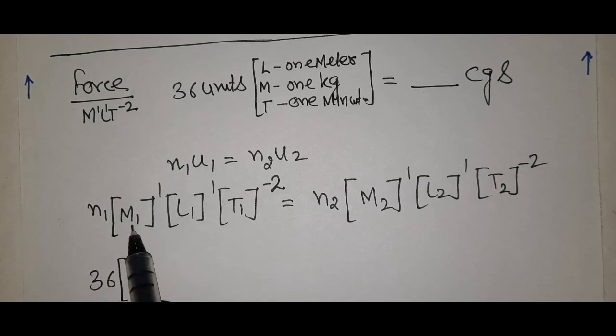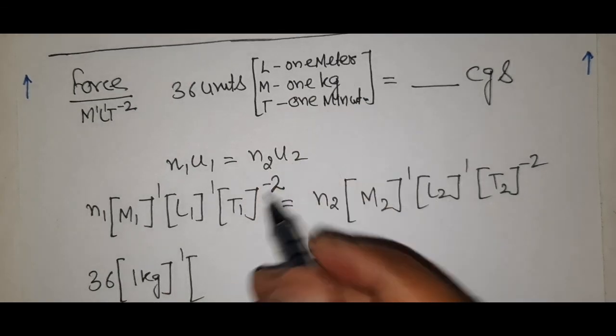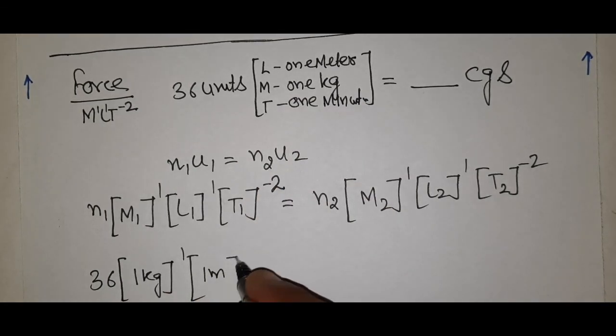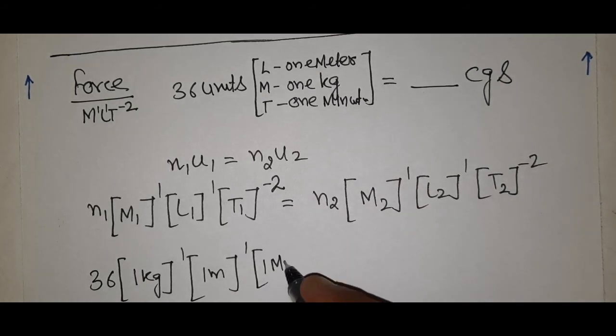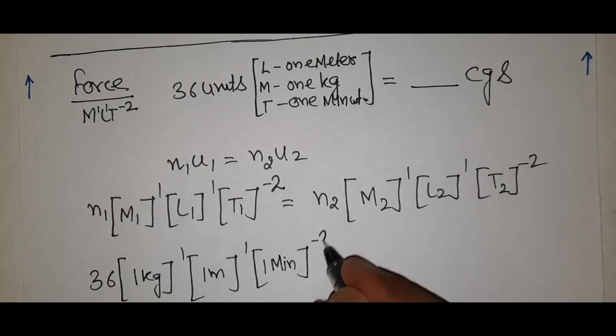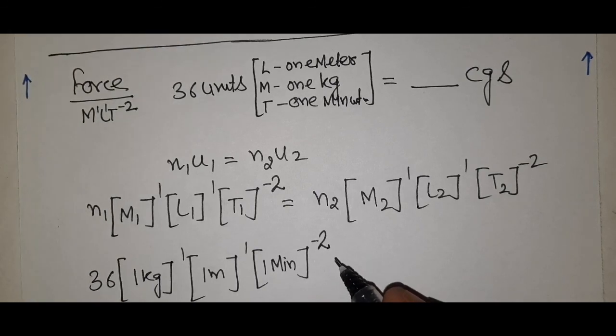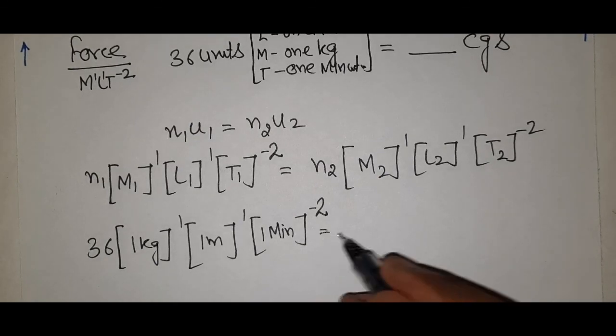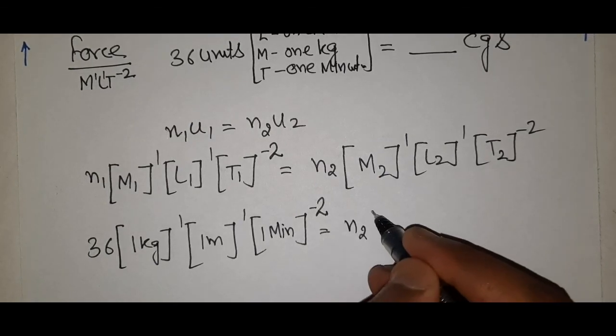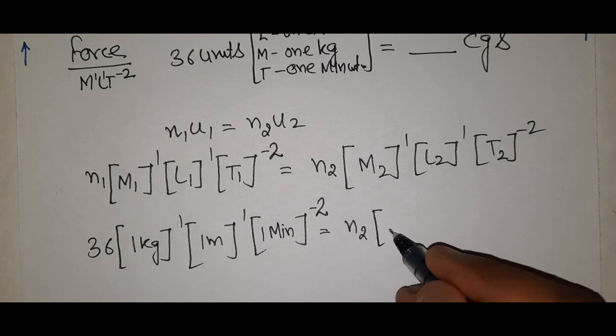Now mass is measured as 1 kg, 1 kg raised to 1. Length is measured as 1 meter, 1 meter raised to 1. Time is measured as 1 minute raised to -2. Hope this is clear. Now the next thing is N2 we have to calculate, and this system is CGS.